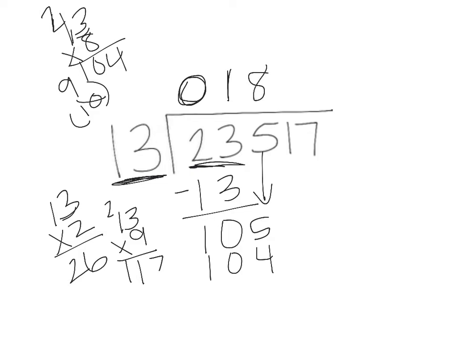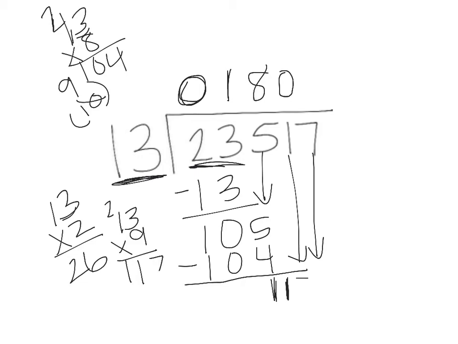So I have the 8 goes up, and now I'm going to subtract 104. 5 minus 4 is 1, and the rest is zeros. So then I have to bring down my 11. Now, some of you ran into this kind of question yesterday on your homework. If 13 can't go into an 11, I need to put a 0 up here. And that allows me to also bring down my 7.